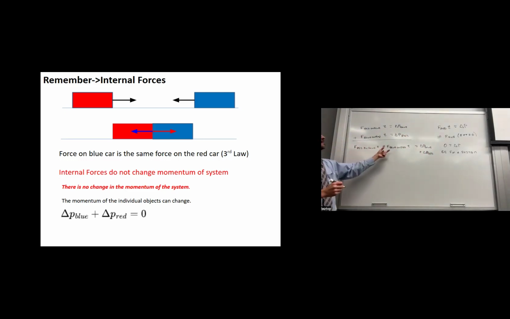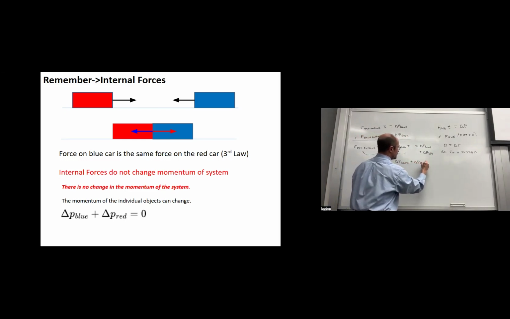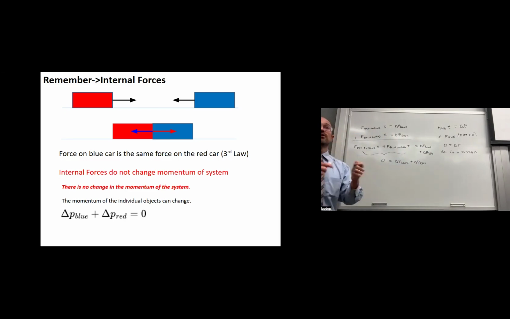These though, one of these is what? Negative the other one because of the third law. So this side adds up to 0. 0 equals delta P blue plus delta P red. So what we see is when two things interact, whatever the change of this one is, this one has the other change. This is where the change goes.